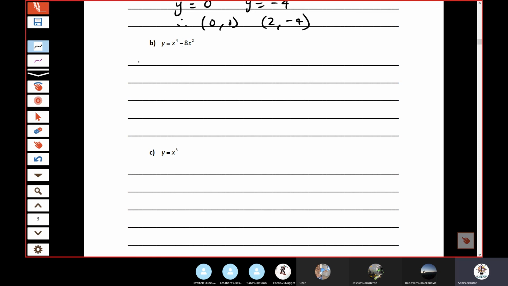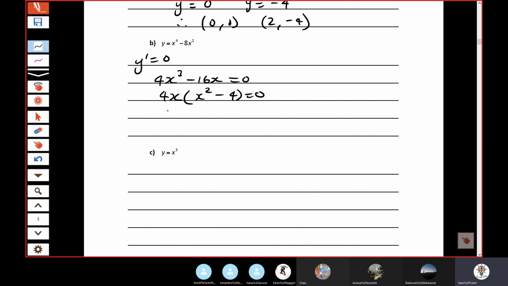Stationary points: y dash equals 0. 4x cubed minus 16x equals 0. Factorize 4x out: x squared minus 4 equals 0.